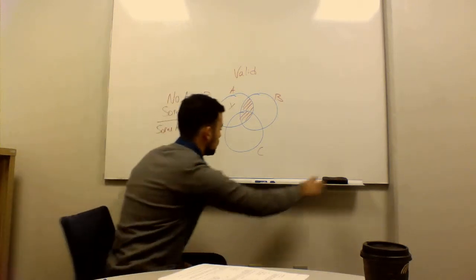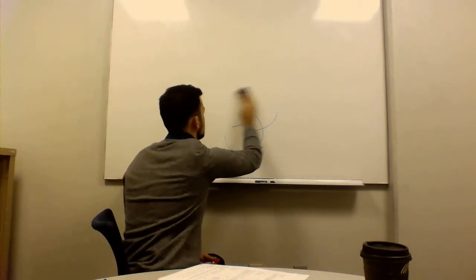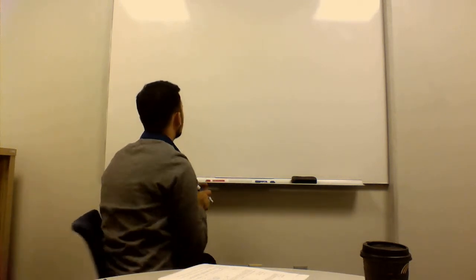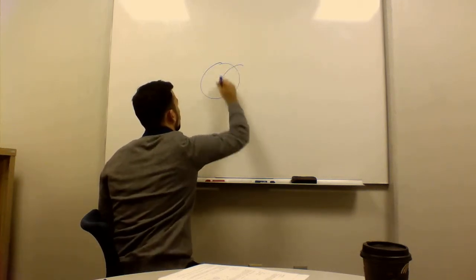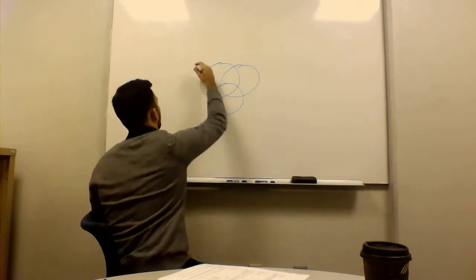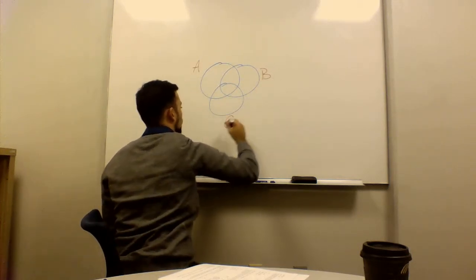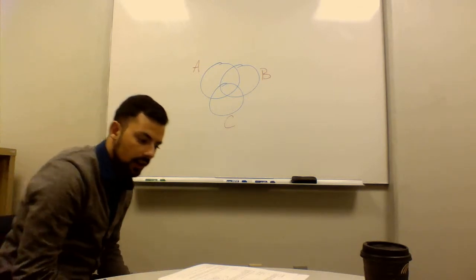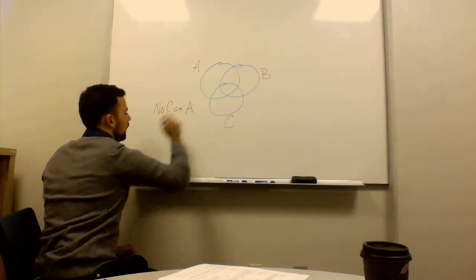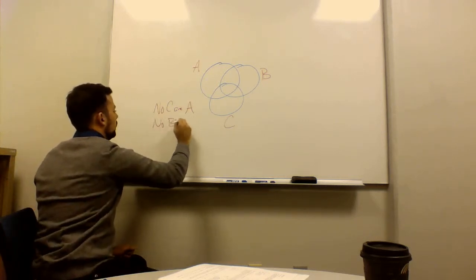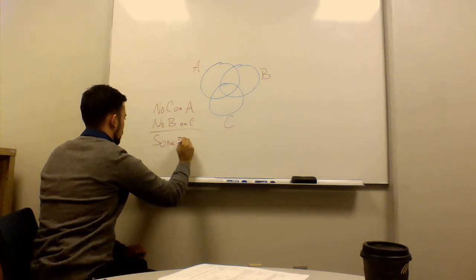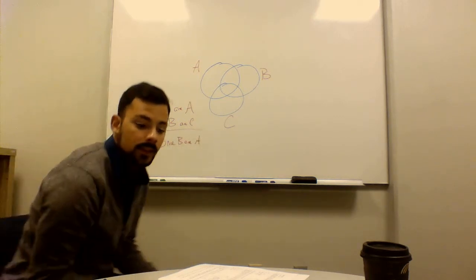We're going to do one more example here. Let's call them again A, B, and C. Now this argument says: no C are A, no B are C, therefore some B are A. So let's go ahead and diagram this.